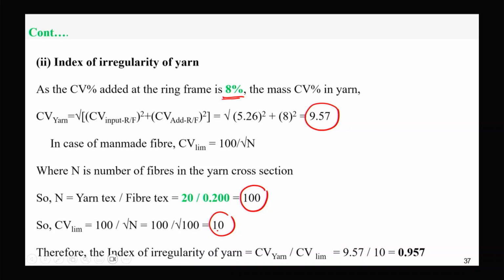I think there is some problem with the data, but as per the logic, the index of irregularity is 0.957. Now this is not possible, because the index of irregularity cannot be less than 1. So this assumption cannot be true.